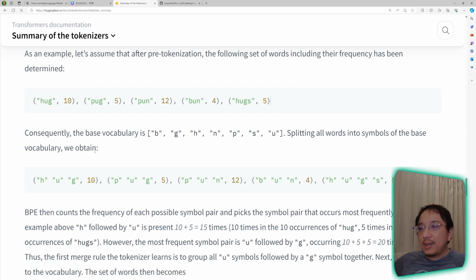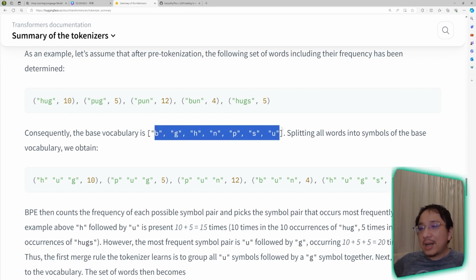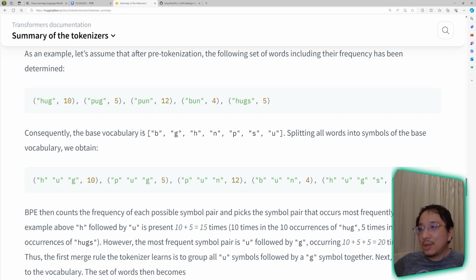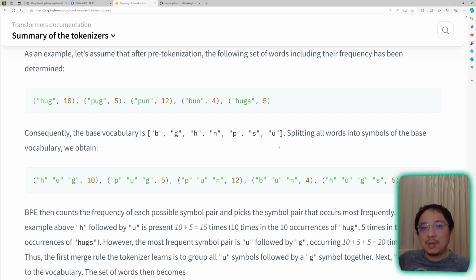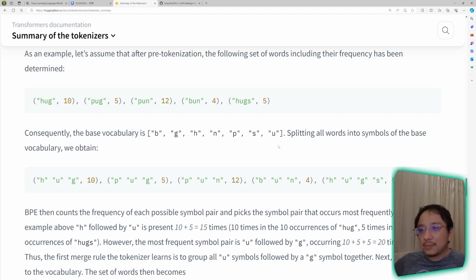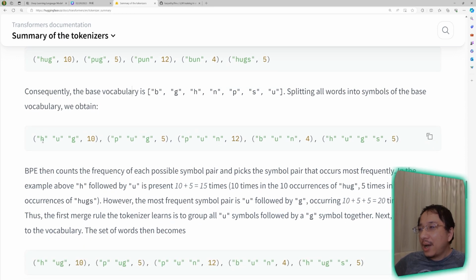At the very beginning, our dictionary only contains characters. Since these are the only characters used in this example, this is our dictionary. So we can spell every single word in the data, like HUG, PUG, PUN, BUN, HUGS.